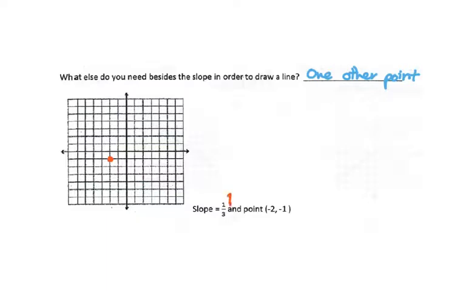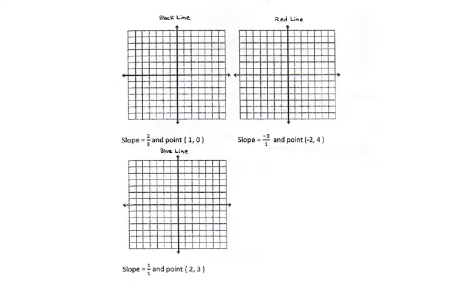Remember, that's the rise and the run. Up 1, right 3. Technically, you only need 2 points, but I wanted to fill in more so I could get my line right. And my last step was to draw the line. That problem is done.